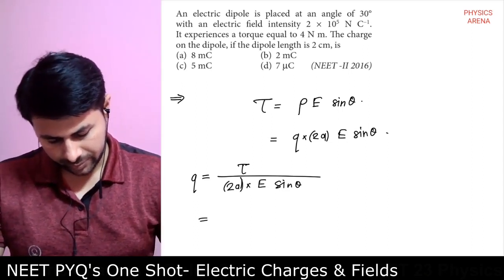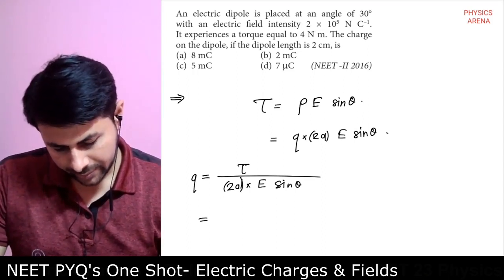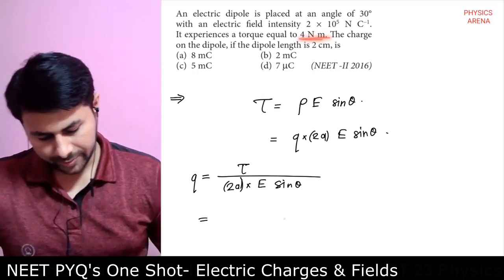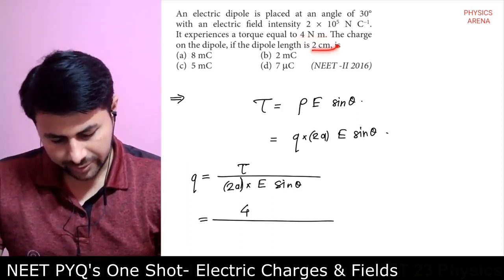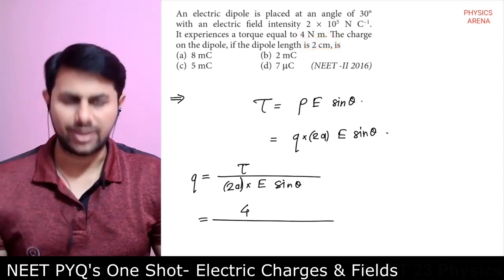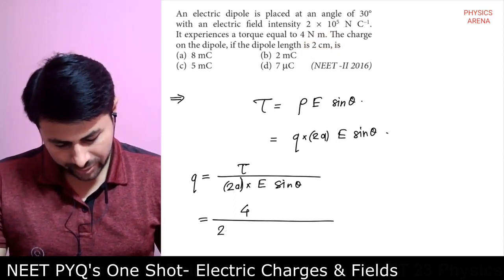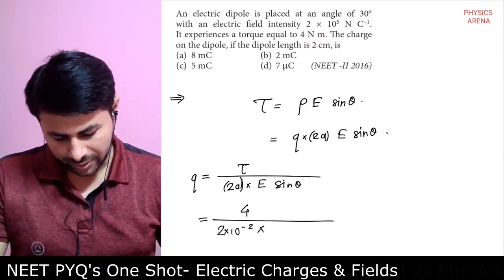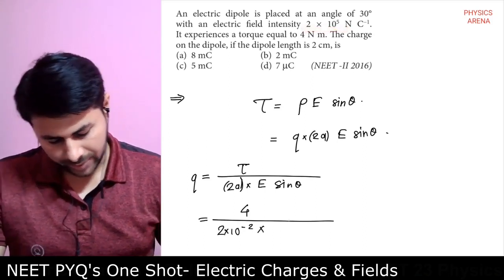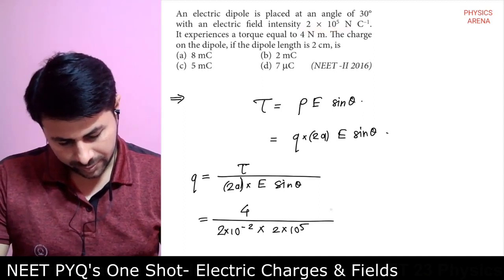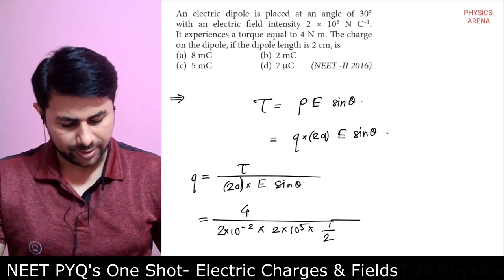Right? So torque is given. Torque is 4 Newton meters. So 4 divided by length, which is given, is 2 centimeters. Okay, it's not a, it is 2a. So 2 multiplied by 10 raised to minus 2, multiplied by electric field, 2 into 10 raised to 5, and sine theta, sine 30 is half.